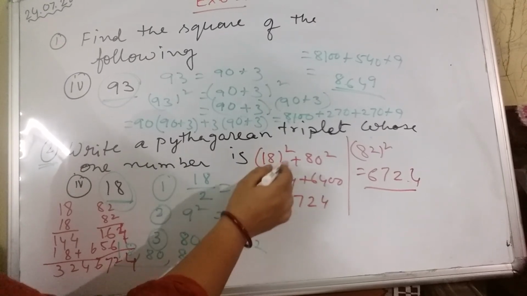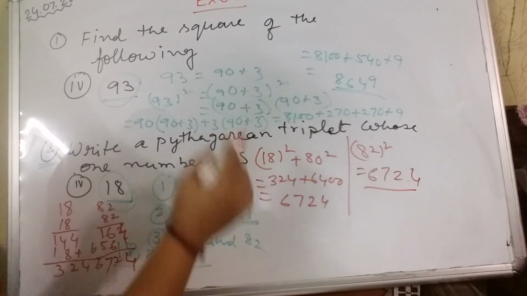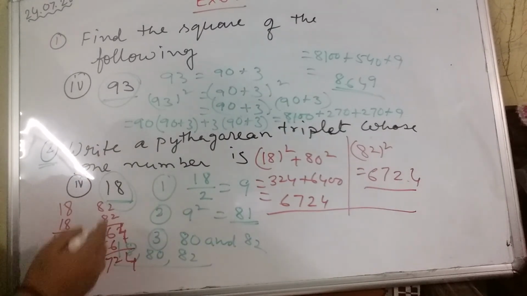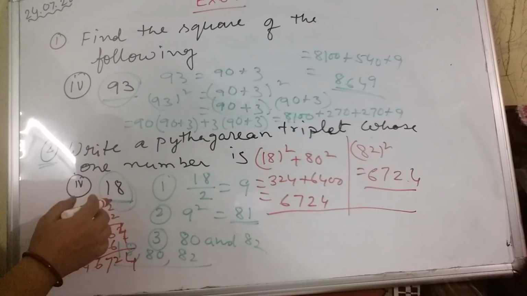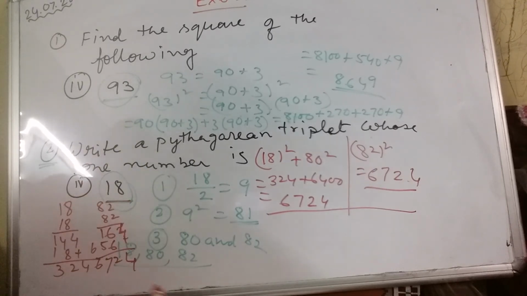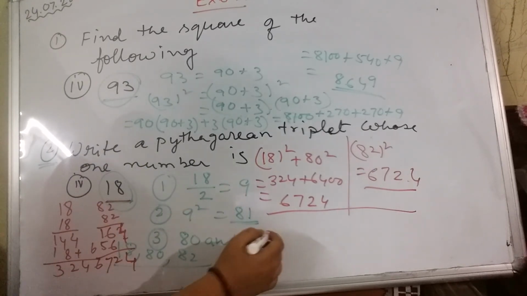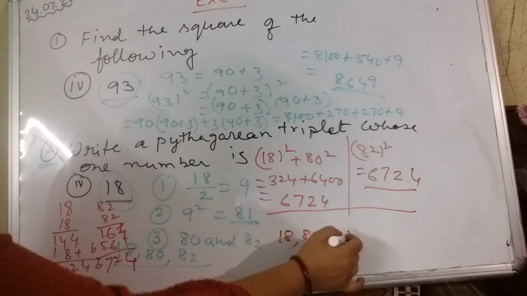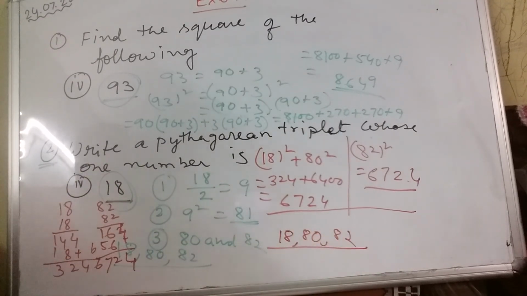So 18 square plus 80 square equals 82 square. So we can say that the other members of the Pythagorean triplet are 80 and 82, and 18, 80 and 82 form a Pythagorean triplet.